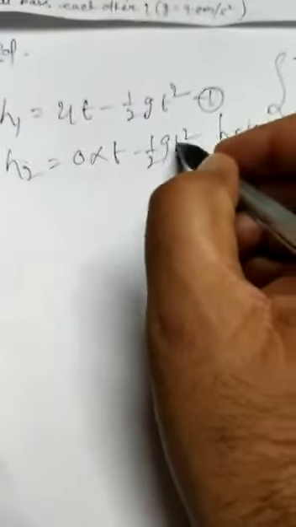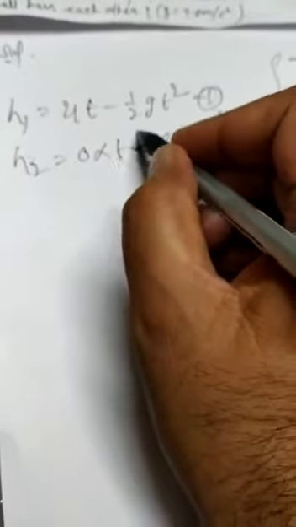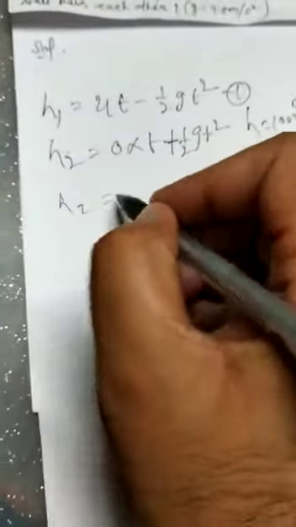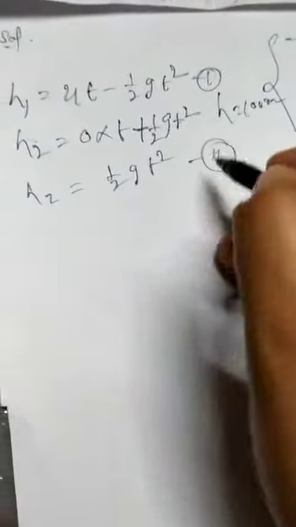Now at the same time the second ball is dropped from the roof of the building, so h2 equals the initial velocity, which is 0 for the second ball, times t, plus half gt squared. For the second ball, dropped from the roof, the sign of g is positive, so h2 equals half gt squared. It is the second equation.